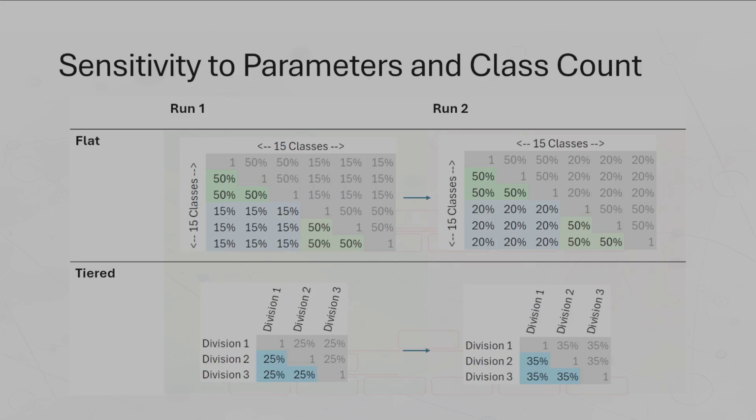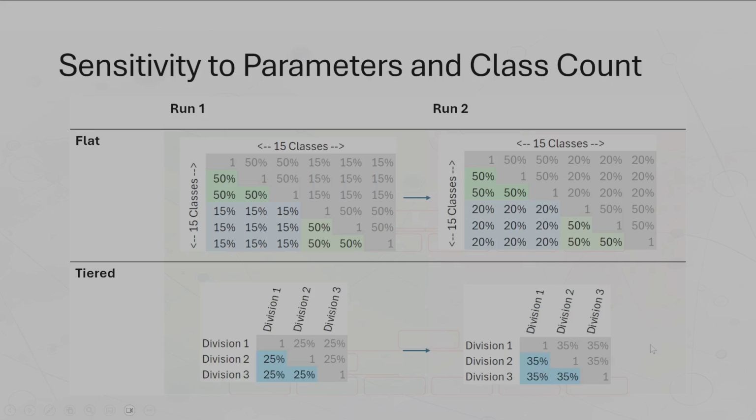So when we're doing the flat correlation approach, we have this block of pairwise correlations that we're specifying between the divisions, and we're initially going to set that to 15%, and we're going to look at what the impact is on the results as we increase that to 20%. When we're doing the tiered modeling, the between division correlations are explicitly entered through that division total to division total extra correlation matrix, and we're going to measure the impact as we go from a 25% assumption up to a 35% assumption.